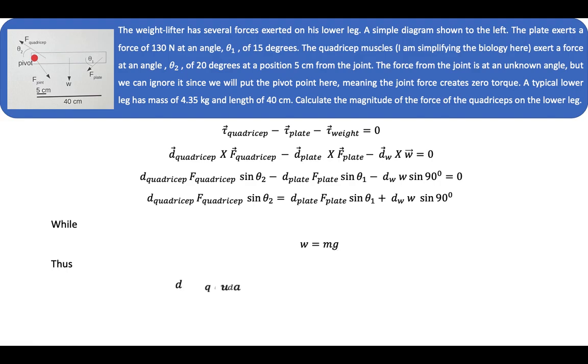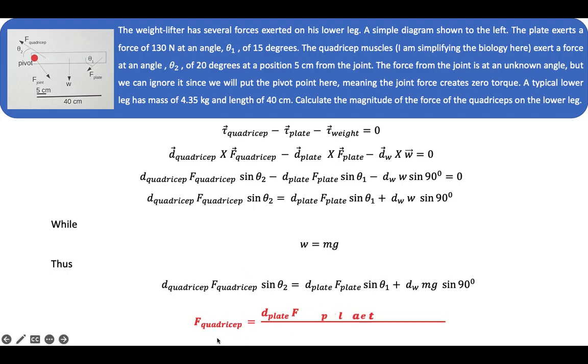Thus, the equation becomes this. And after we operate, we get the equation for the force of the quadricep on the lower leg like this.